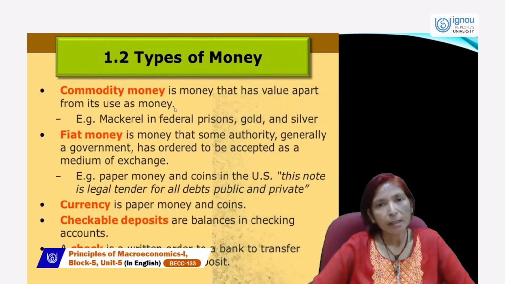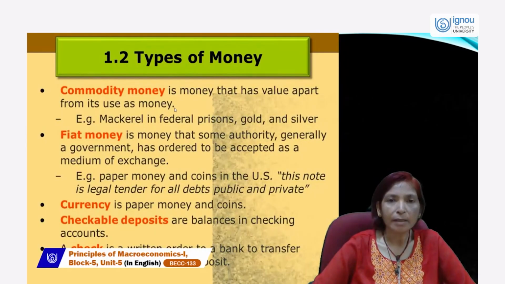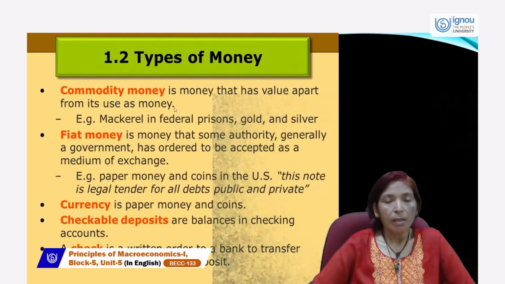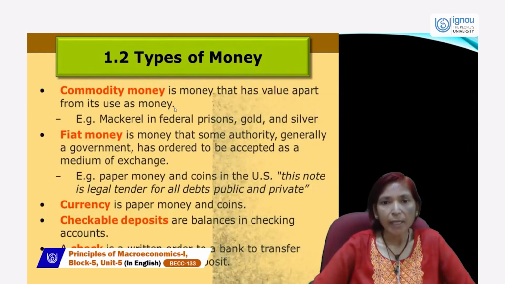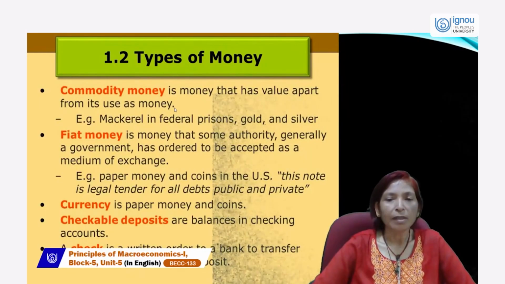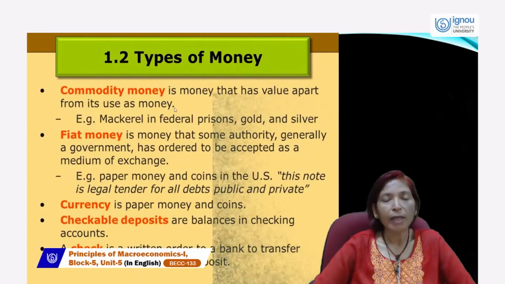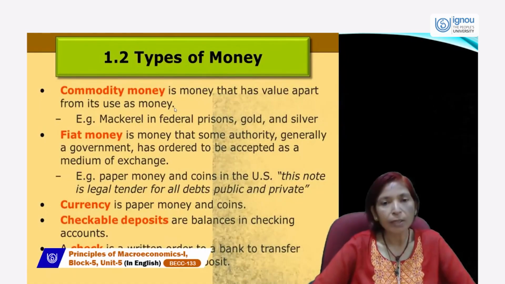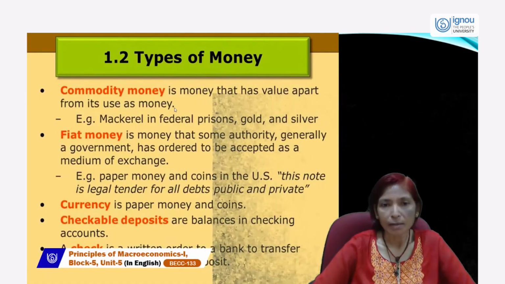After that, money originated in the form of metallic currency like gold and silver. But the intrinsic value of gold and silver was very high, while the printed value was very low.